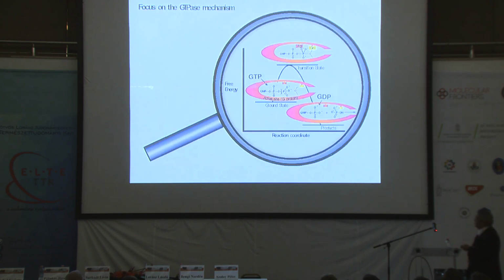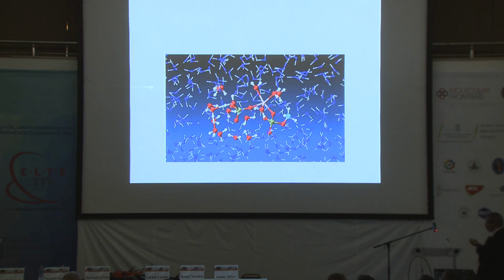So you have to model the chemistry of phosphate hydrolysis, which is hard to determine experimentally because you have a very high energy transition state. A lot of experimental work, but the only way to know what is happening is to model first this reaction in solution.